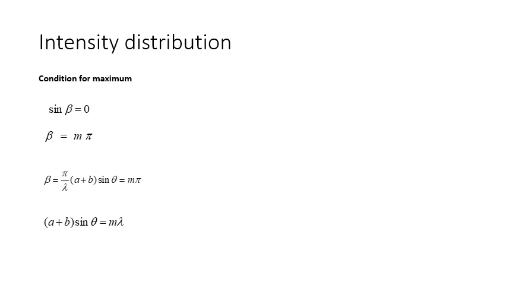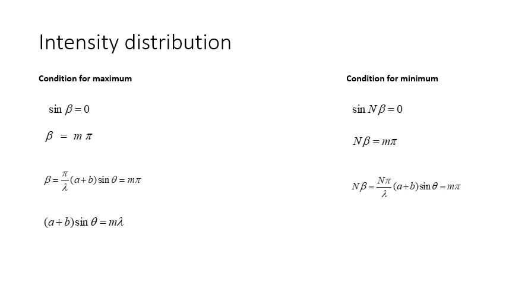In a similar way, you can find the condition for minima also. If the intensity should be minimum, then sine n beta should be equal to 0. If so, n beta is equal to m pi, and you know beta is pi by lambda into (a plus b) into sine theta. So n beta is n pi by lambda into (a plus b) into sine theta, which is equal to m pi, and which gives n into (a plus b) into sine theta equal to m lambda.